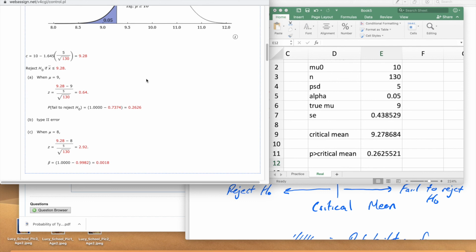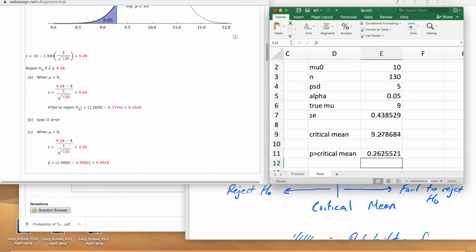They jumped, by the way. They're doing extra work because Excel is awesome because it doesn't care which normal distribution you have. We did not have to convert this to a Z. You could, but you'd have to do a little bit of extra work, which is what they're doing right here for part A. That's why they're calculating this as Z. But Excel is awesome. You don't have to do that.